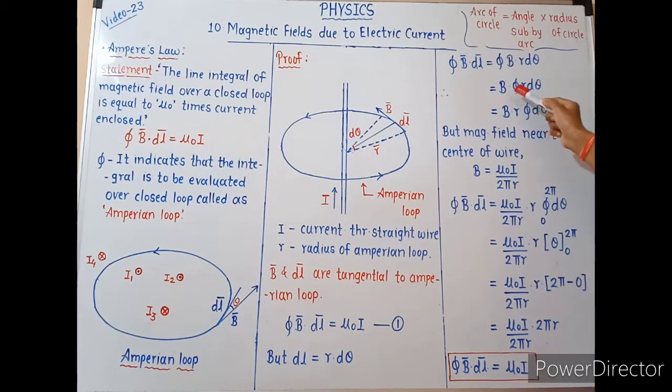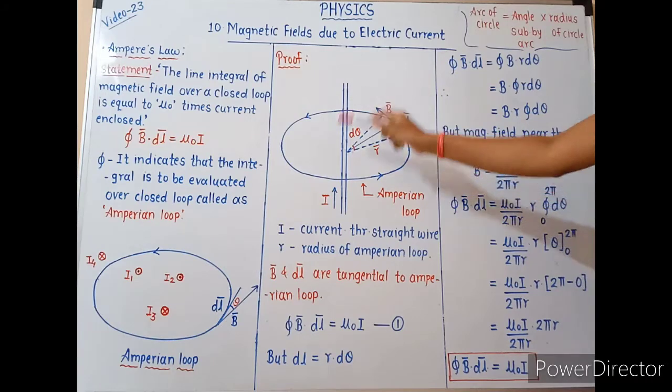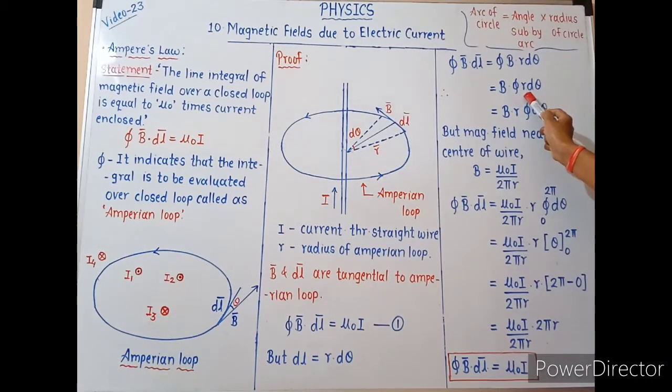We get B into the integration over the closed loop of r d theta. Now r is the radius of the Amperian loop, so it is also constant. Take it outside the integration sign, and we get B r into the integration over the closed loop of d theta.